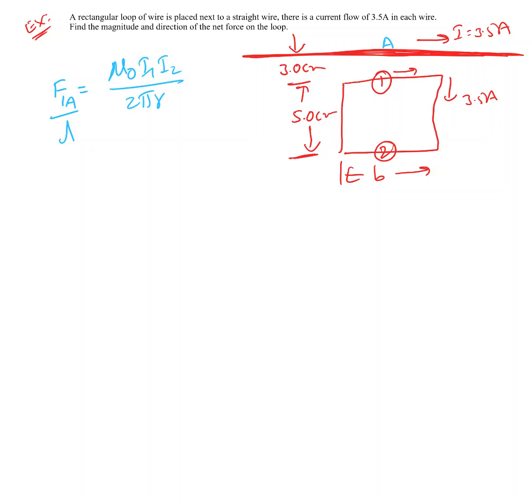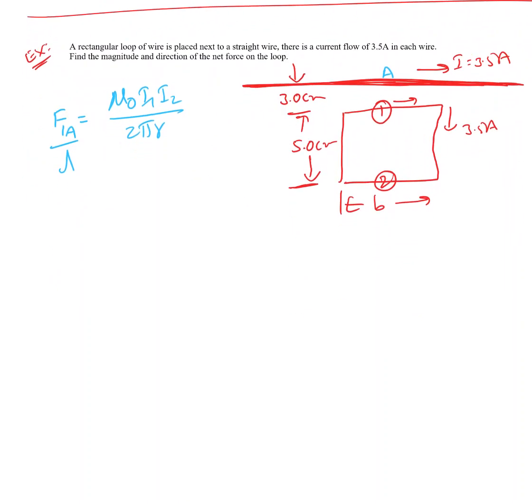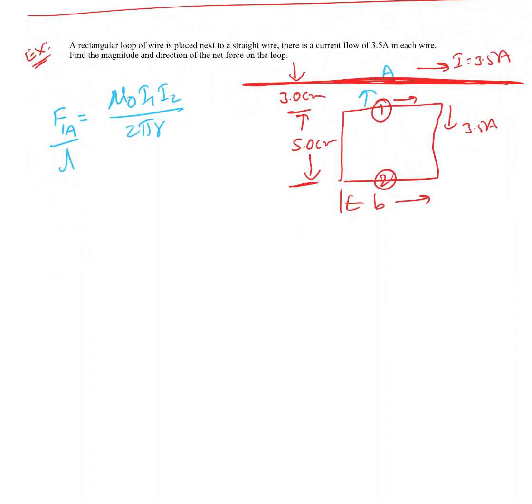Since both currents are flowing in the same direction, that force must be an attractive force. So this conductor is going to move towards up. Force on conductor 1 because of A is towards up. Mu naught is a constant, 4 pi times 10 to the power of minus 7.